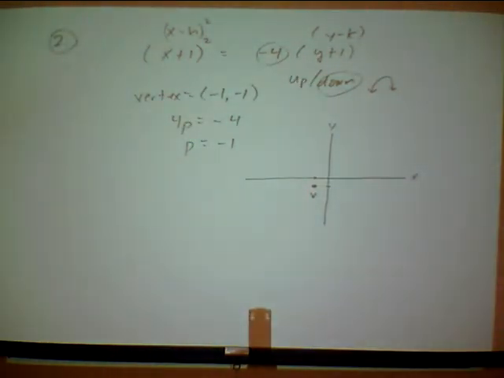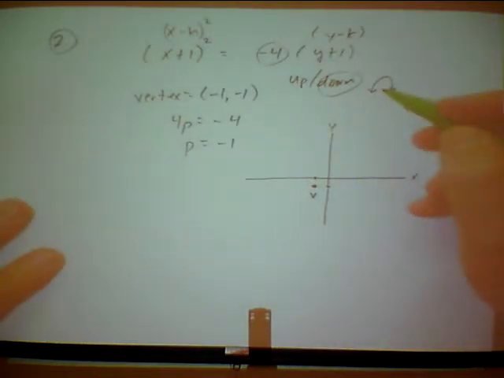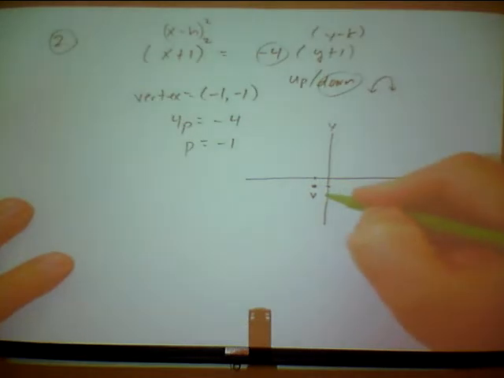Even though p is -1, I don't really care if it's negative. All I want to know is the actual number value of p. I don't care about the sign. Even though p is -1, in my mind I think of p as being 1. Right? Because in this case, since the parabola opens down, I know my focus has to go down.